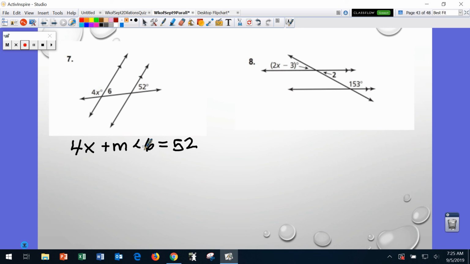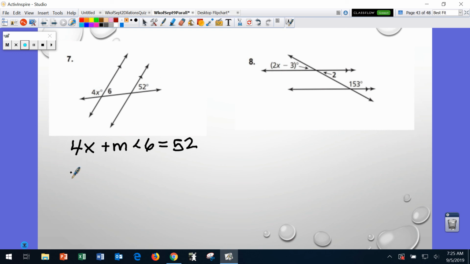And if you notice here, I have two unknowns, so I have to find another way to figure this out. But here's what I do know: the measure of angle 6 is on the right side of this parallel line, and so is this 52 right here on the right side of the second parallel line.